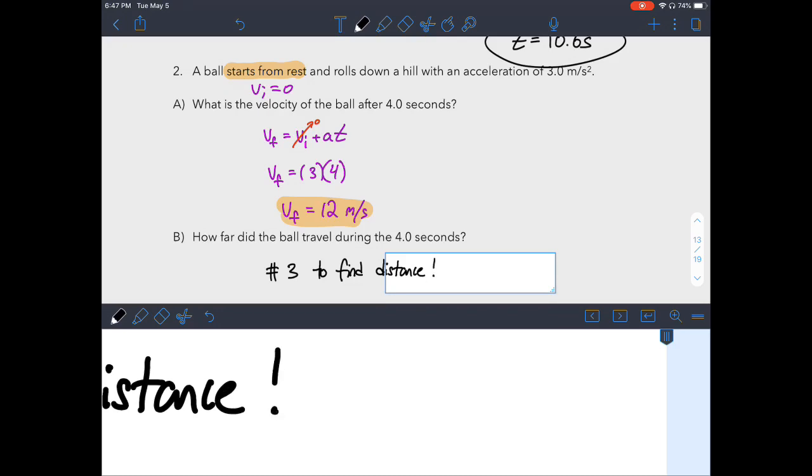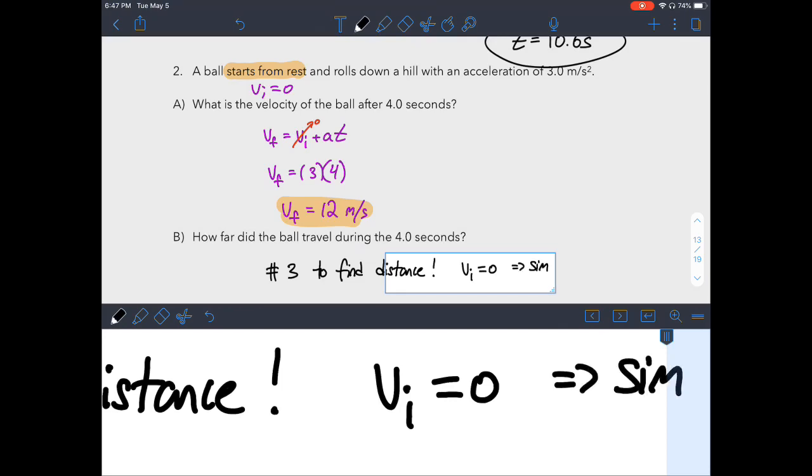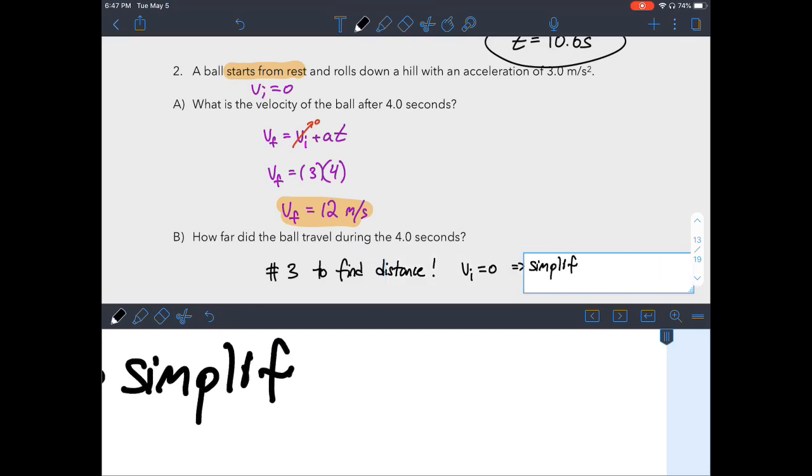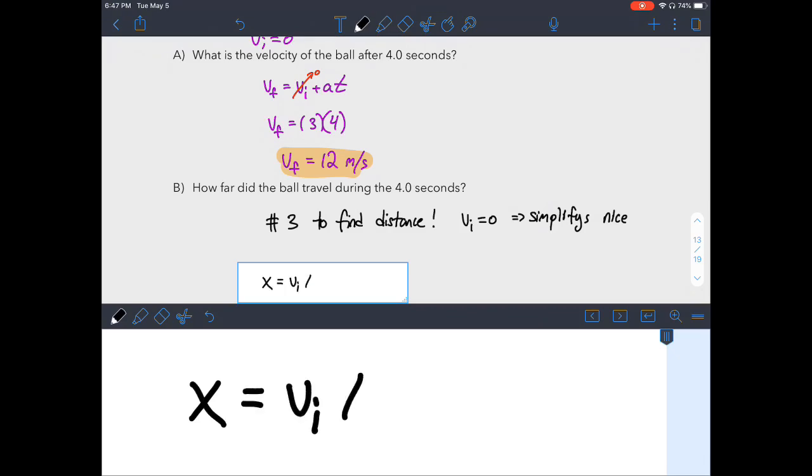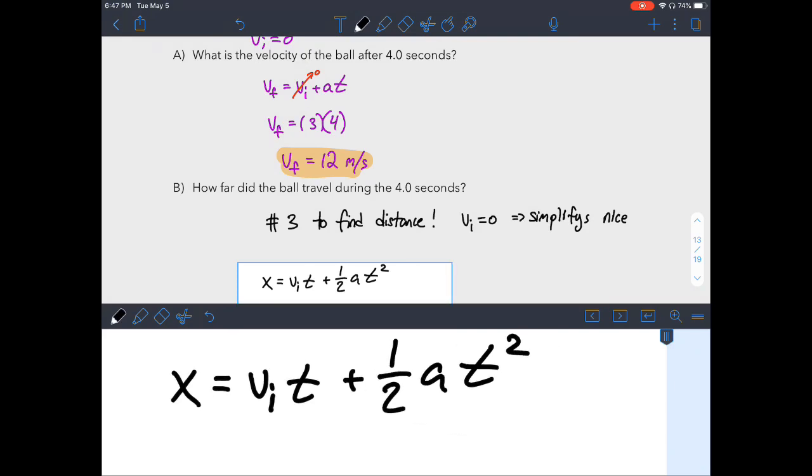And it's also really nice because our initial velocity is 0, so it simplifies very nicely. So our third equation, x is V initial t plus 1/2 AT squared. There's the holy grail right there.